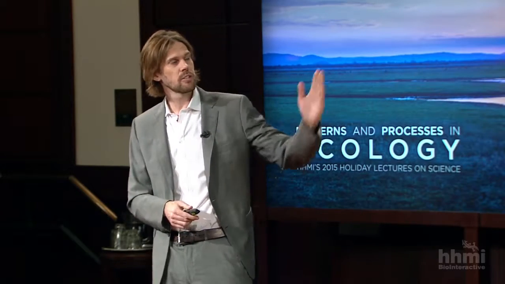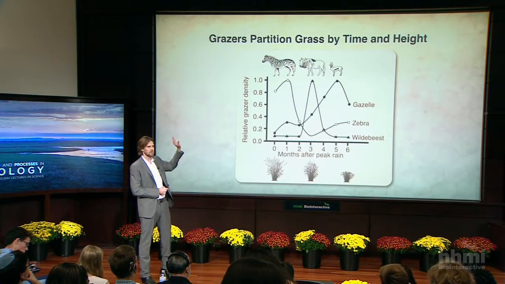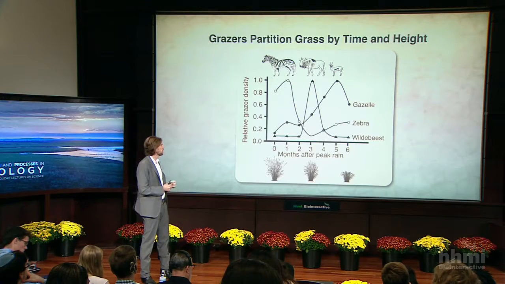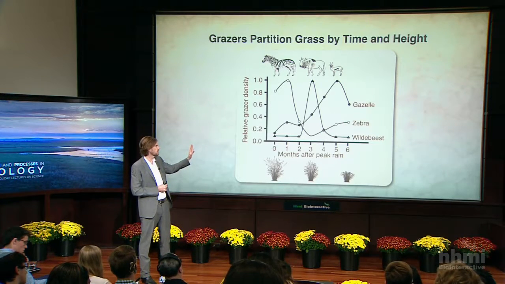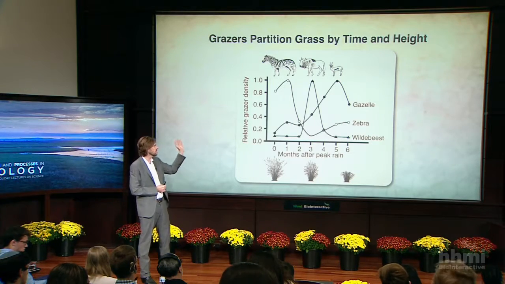And this is a phenomenon known as grazing succession, and it also relates to a concept known as facilitation, because zebra are thought to be sort of preparing, if you will, the range or the pasture for wildebeest, and wildebeest further prepare it for Thompson's gazelle. So they're actually a positive as opposed to a competitive interaction among these species in this situation.